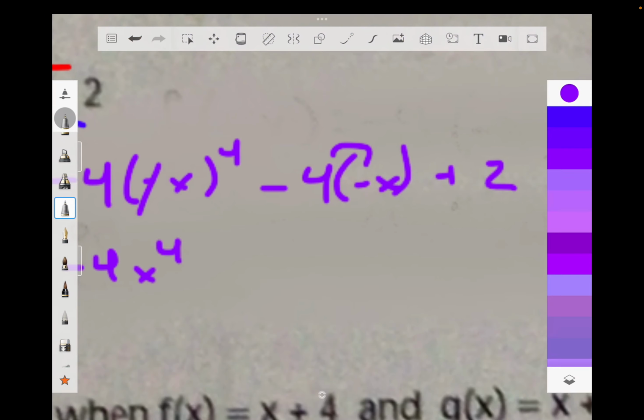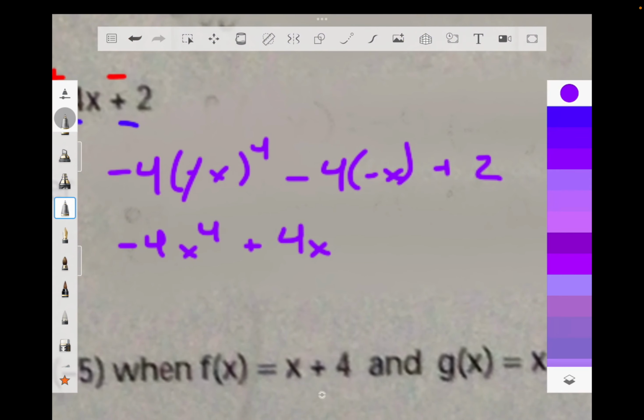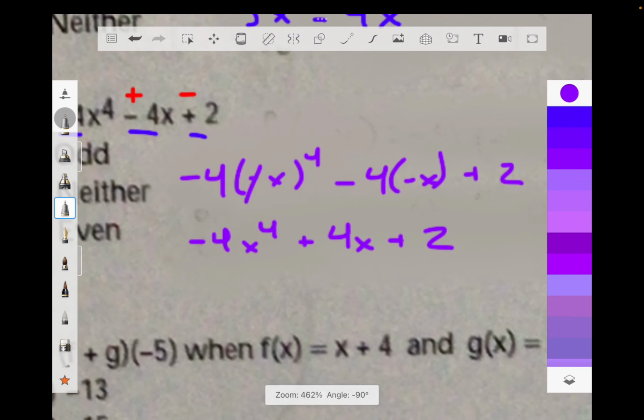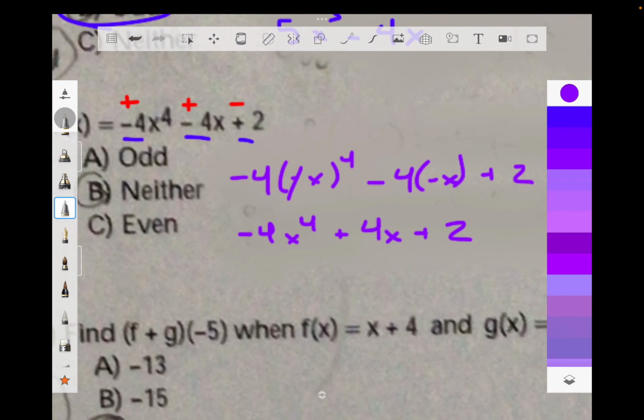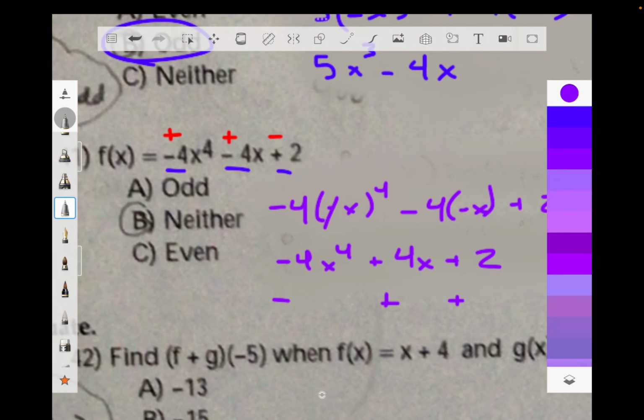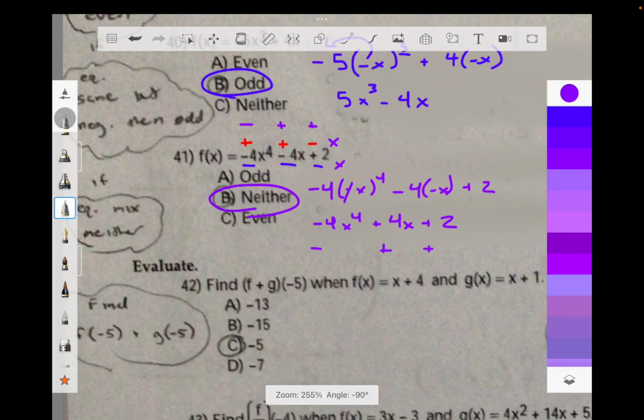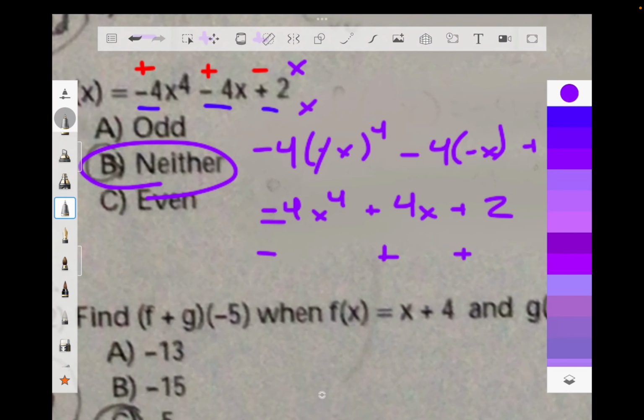So you could say that goes out, but I mean, negative 4 times a negative x is positive 4x, so it doesn't really matter anyway. Bam. So now we're left with a negative, positive, positive. So it doesn't match the odd one, it doesn't match the even one, so it has to be neither. Right? Because I'm looking at specifically these.